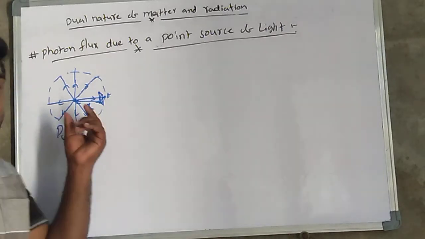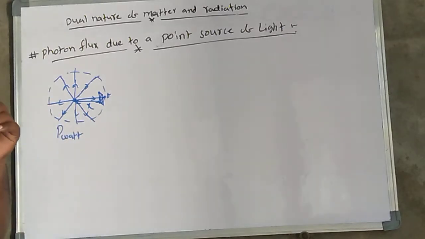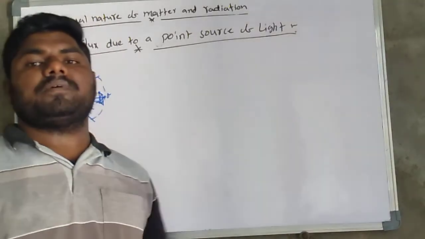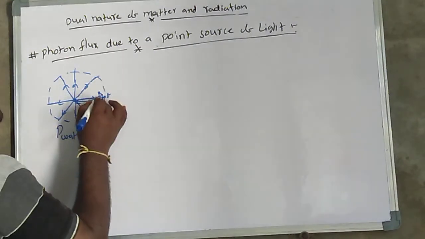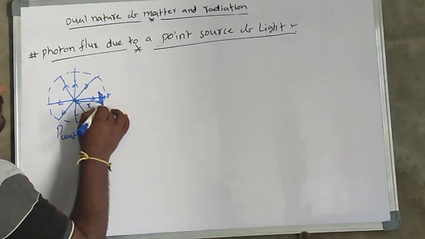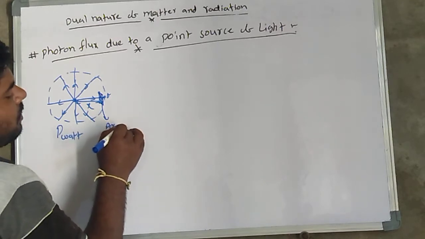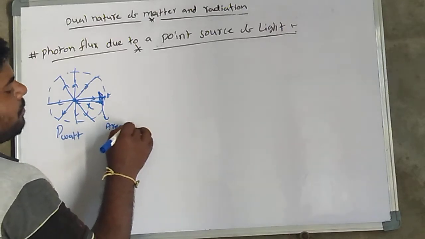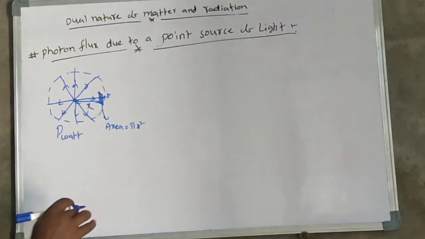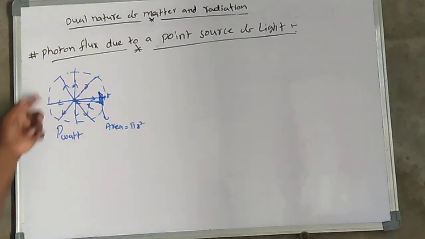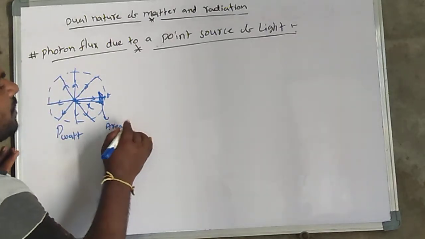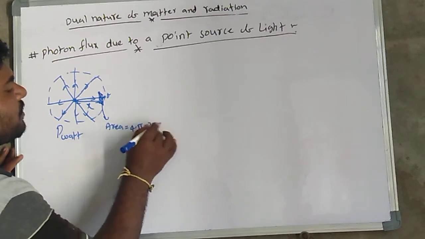Here the total number of photons emitted per second. In this area, because this looks like a sphere, the total area is 4 pi x square.